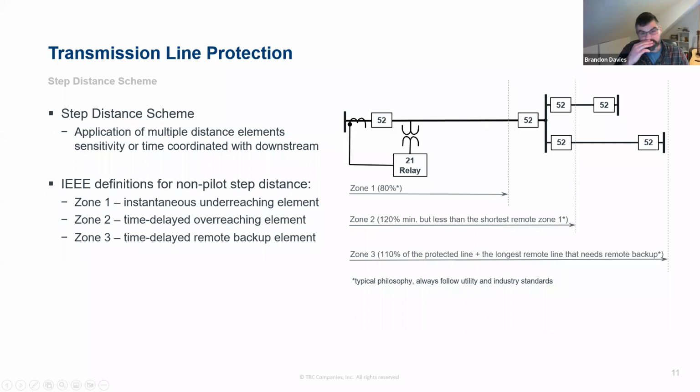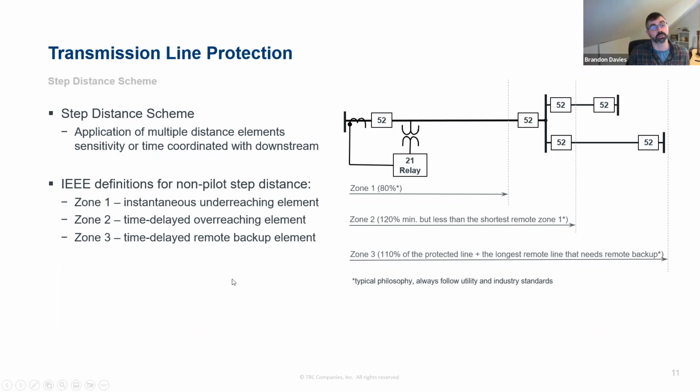So just real quickly, and we'll pick back up here on Thursday. When we go to apply these elements, we're using multiple elements. So the zone one element that I showed you before would be used in coordination with other elements, overreaching elements that would provide coverage for the rest of the line. And that's where we combine those different elements together.